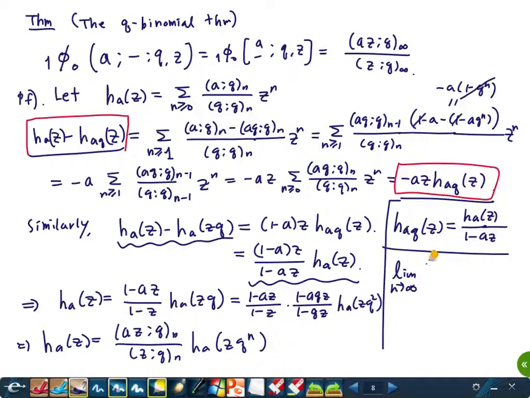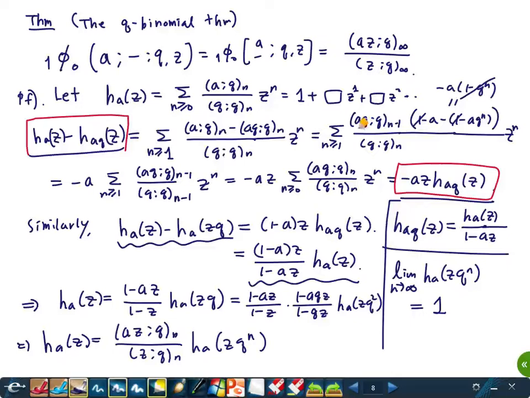What happens here? Basically here we have z times q to a very large power, and that goes to 0. Actually, not 0, this goes to 1, because this series is 1 plus something times z, plus something times z squared, but z has an infinite power of q, so except for the first term, they all become 0.